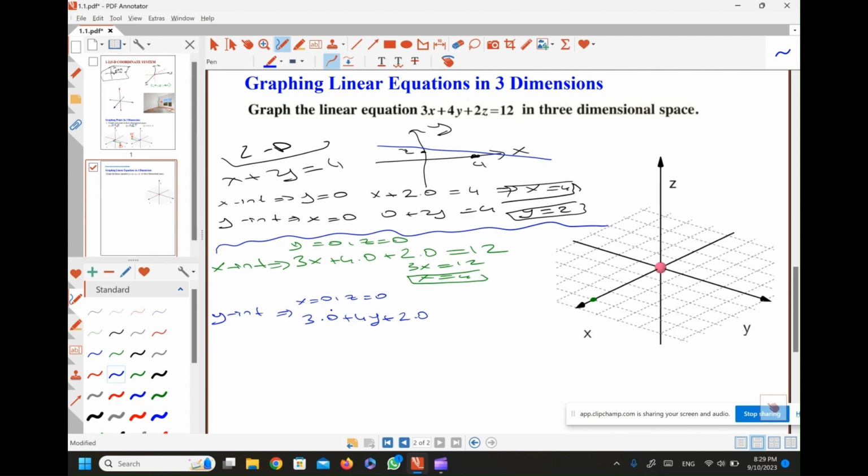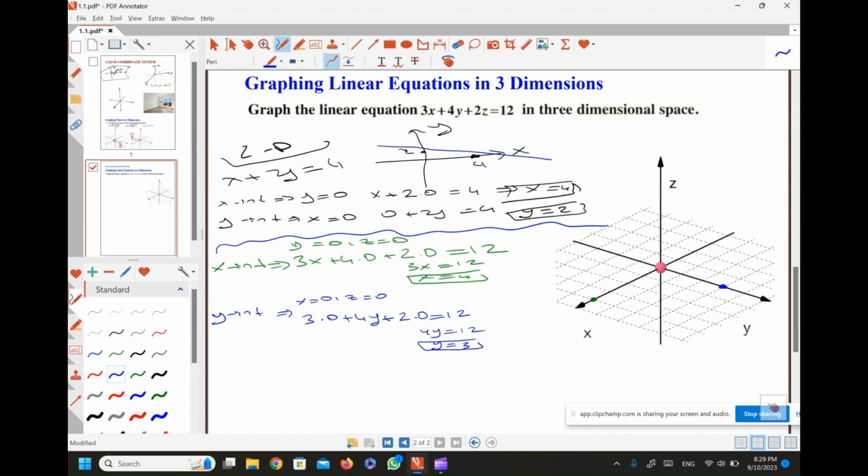Equals 12. So 0 plus 4y, 4y equals 12, and you need y alone. Divide both sides by 4. y is 3. So this is the y-intercept. Find 3 on the y-axis. 1, 2, 3. You are here.